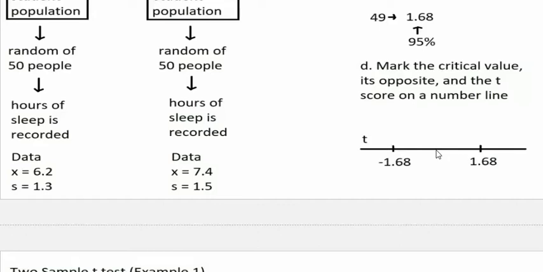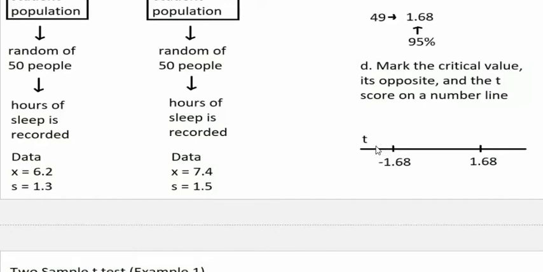And if you think about it, this should make sense because if the t-score is out here and you're concluding that the mean of population 1 is lower than the mean of population 2, you're concluding that there is a difference, and you're rejecting the possibility of no difference. So that's rejecting the null hypothesis.